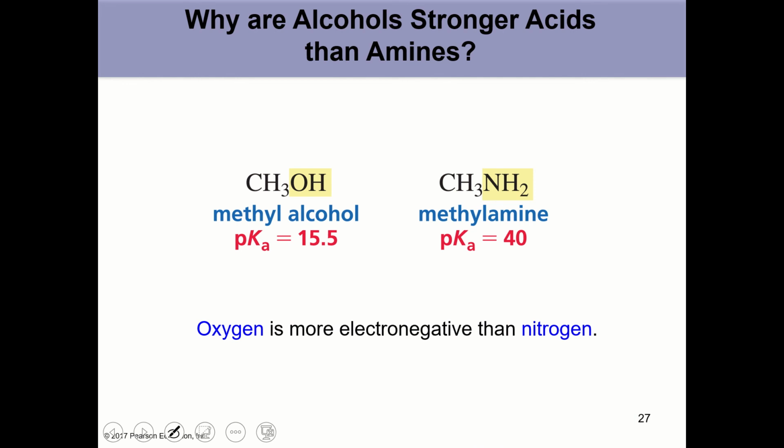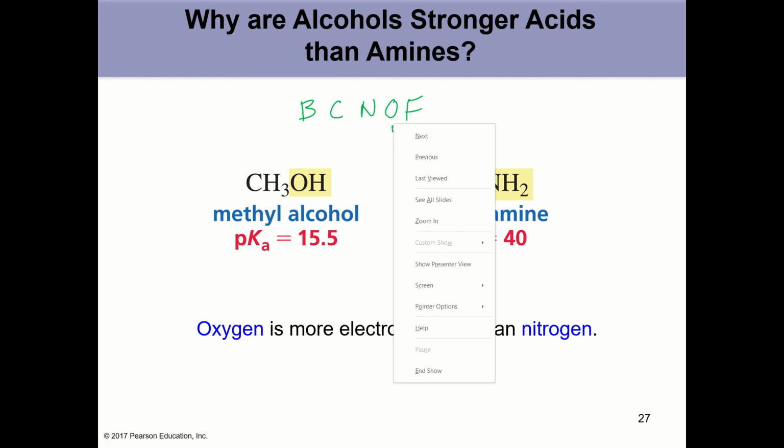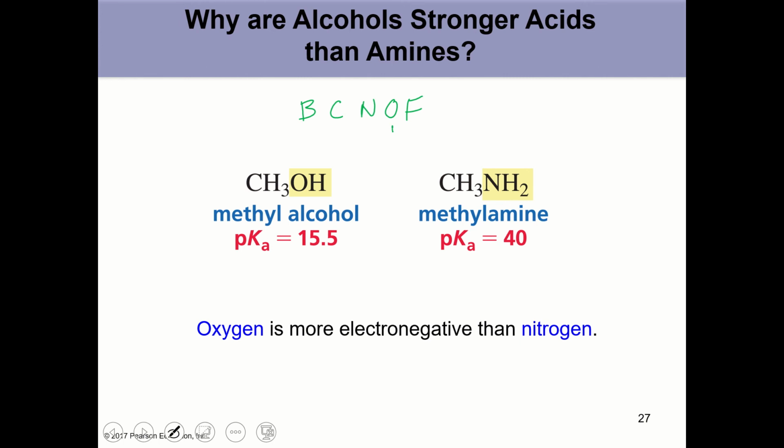Because oxygen is more electronegative than nitrogen, because oxygen is further to the right on the periodic table, which goes, just looking at the right-hand side, boron, carbon, nitrogen, oxygen, fluorine, right? So that's the order. So that means that oxygen is more electronegative than nitrogen and should make a stronger acid.